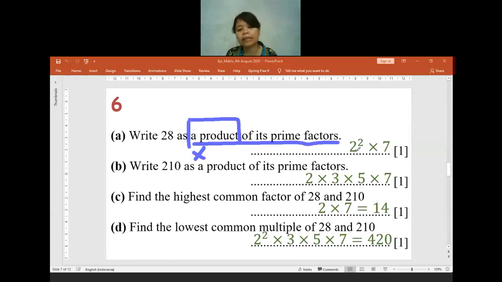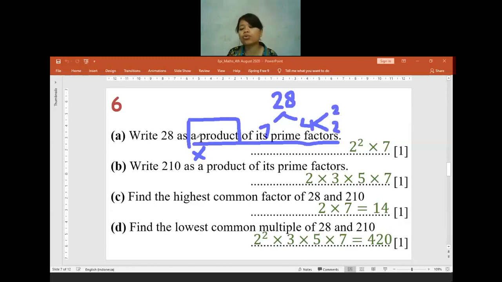When you multiply them, the answer will be equals to 28. The only thing that you can do to help you is making a factor tree. So 28 I can divide to become 7 times 4, and then the 4 I can break down into 2 times 2. So now I have the prime factors which are 2 and 7.